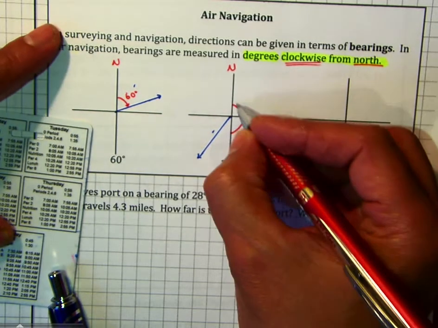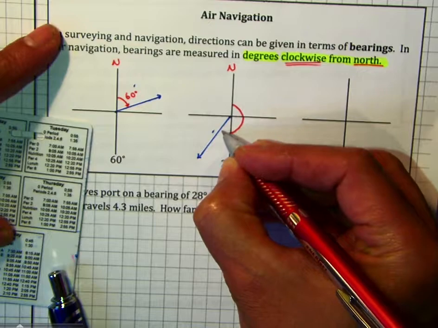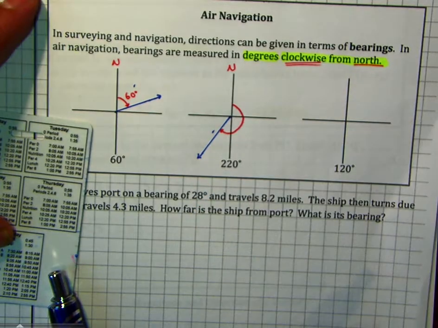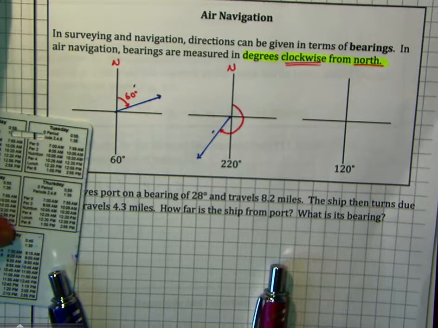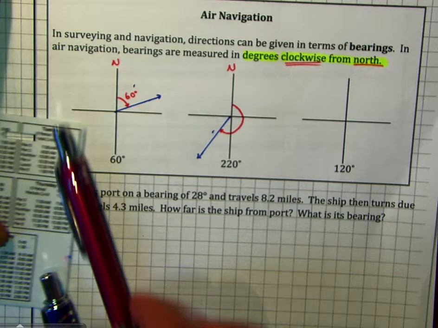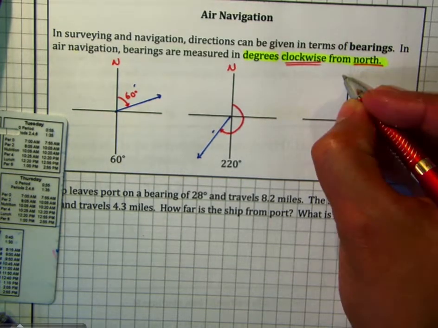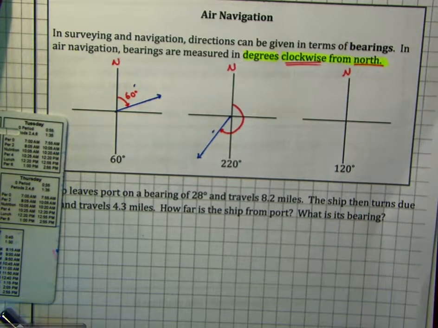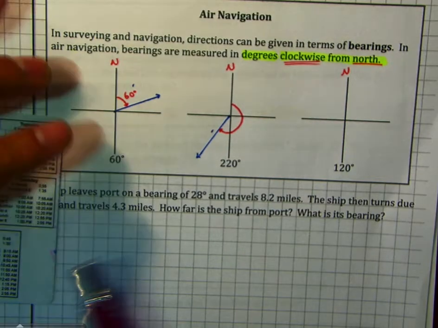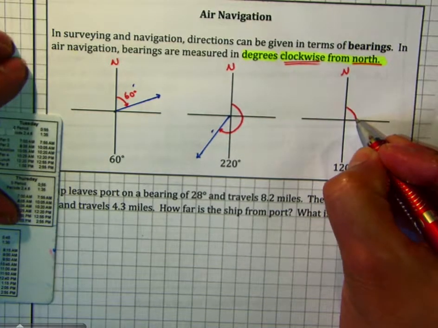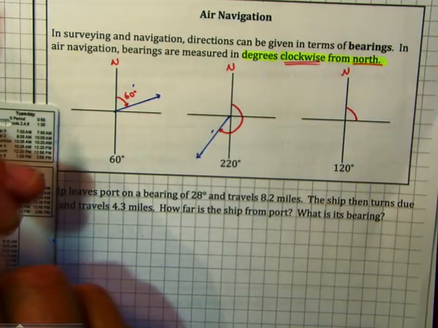So 180 and 40 more will give me 220 degrees. Now 120 degrees. So we're going to start from the north and we're going to move towards the right. So this is 90, and how many more to get to 120? 30 degrees more.